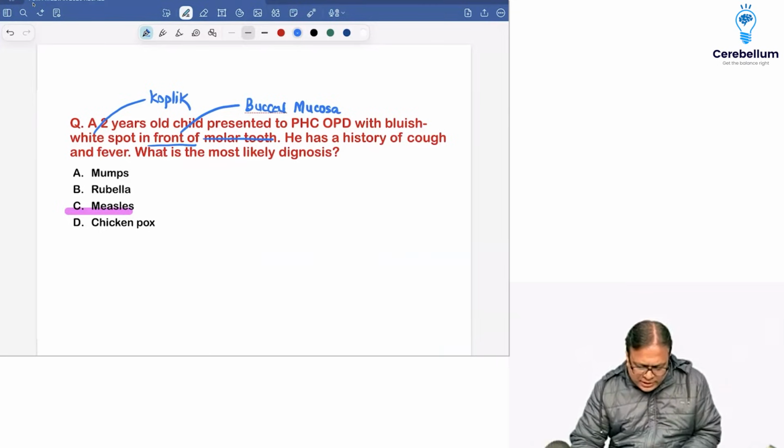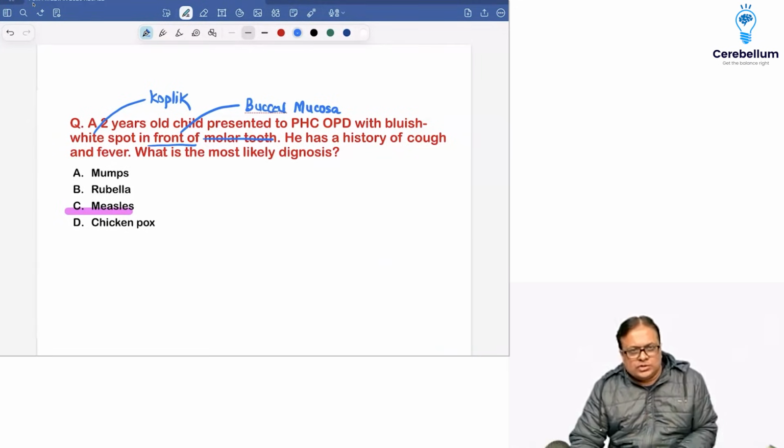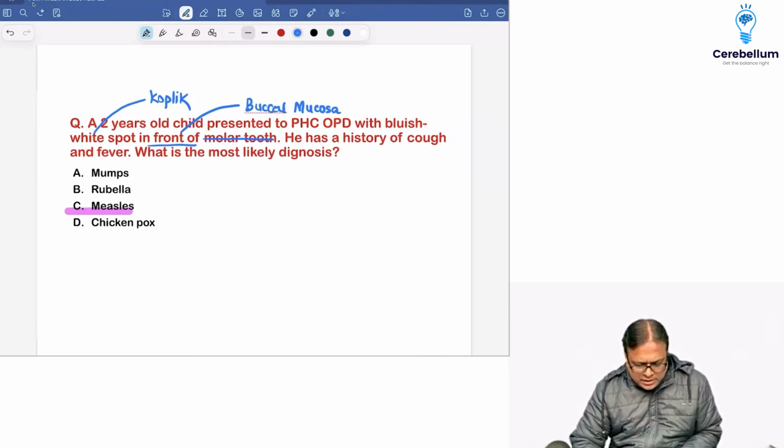Okay, choices were fine. Mumps, rubella, measles, and chickenpox, as the students have reported. Okay, tooth was not given. I have excluded it from the question. Please help me correct the choices also. But I am sure this question, 100% of you must have marked correctly. Okay, can we move forward to the next question, friends, immediately?